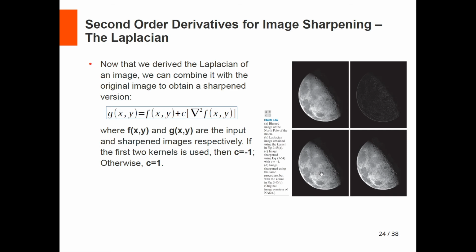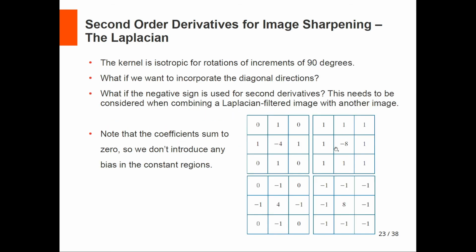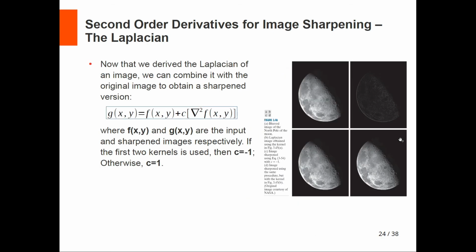If we use the other kernel, with the exact same value for c at -1, what we have is this image, which is a bit more sharpened, because as you can see from the previous slide, the second kernel is isotropic to rotations of increments of 45 degrees.